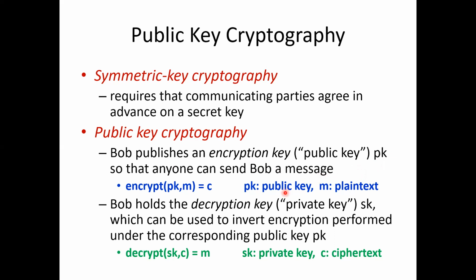But if Alice has Bob's key, then the encryption function will take as input the public key and a message and produce ciphertext, while the decryption takes ciphertext and a private key, denoted SK, like a secret key.